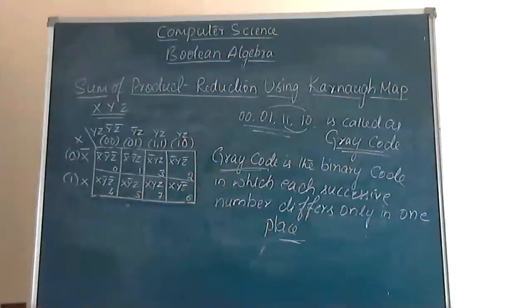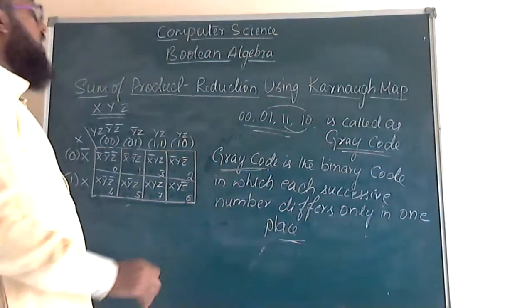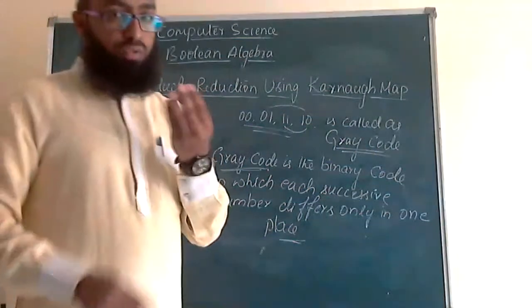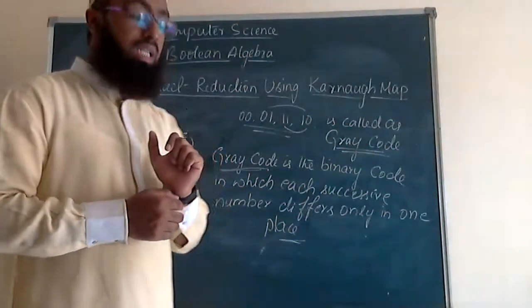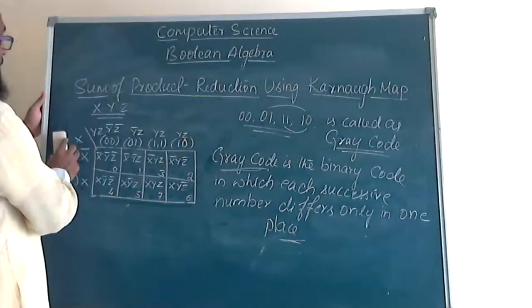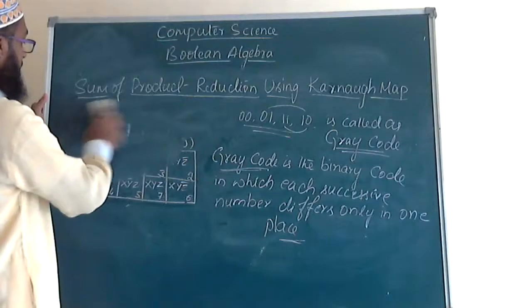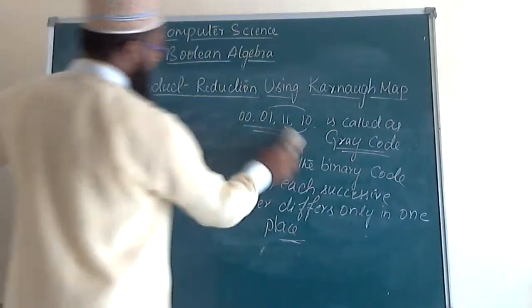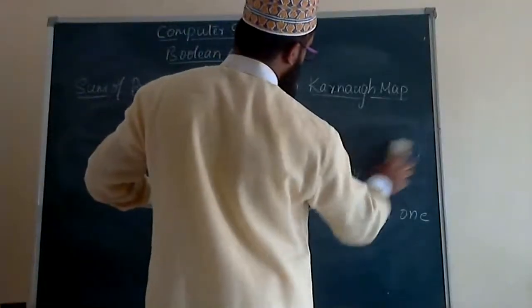Now I'm going to write a Karnaugh map for 4 variables or 4 literals. Come, we shall see how a 4 variable Karnaugh map can be represented and how it looks.